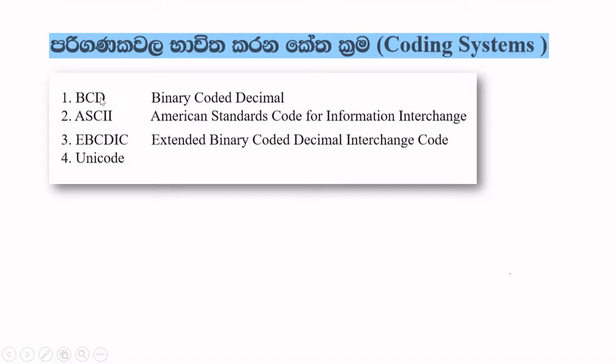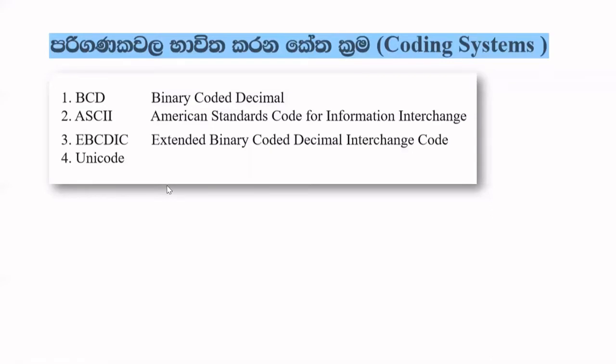Let me say again, BCD represents only numerical values, but ASCII, EBCDIC and Unicode are used to represent letters, characters, numbers and small pictures. If asked to write down two examples for character coding systems, you can give ASCII, EBCDIC, Unicode and all. BCD normally represents only numbers.